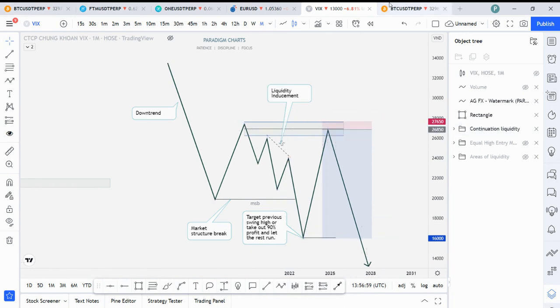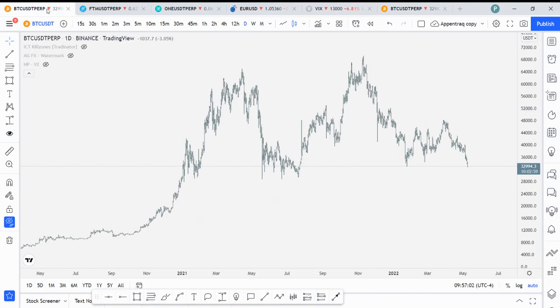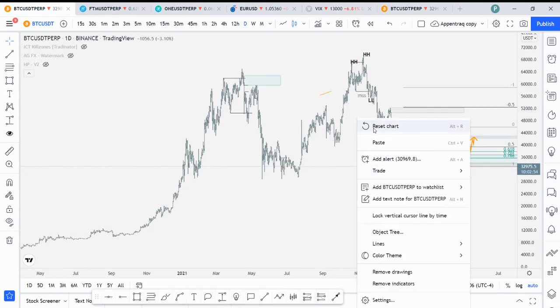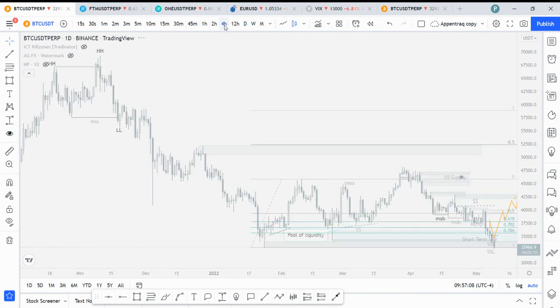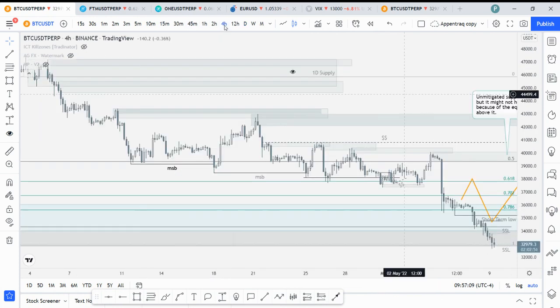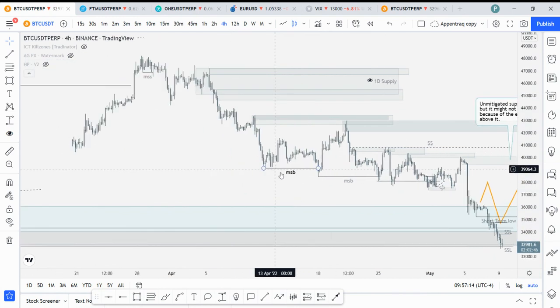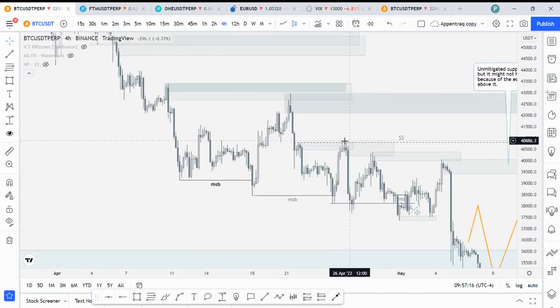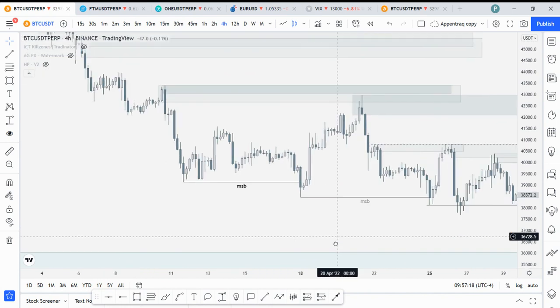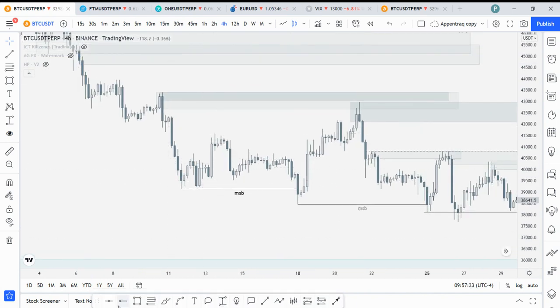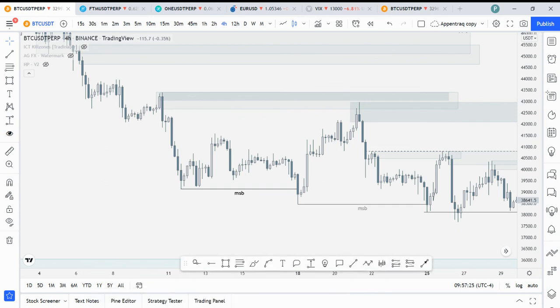Let me show you an example on BTC. You can see this. Price is on a downtrend, creates a trend line liquidity somewhere here.